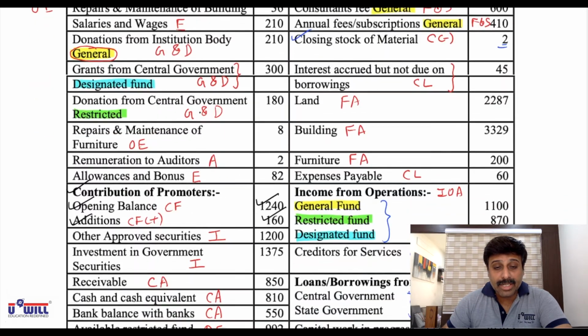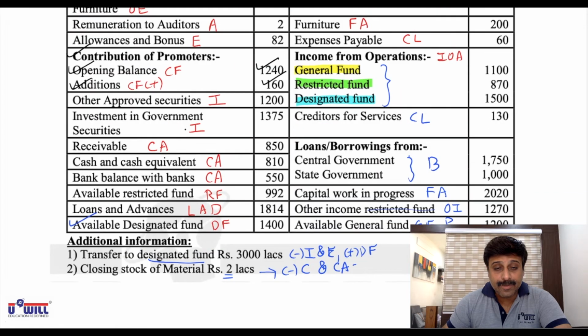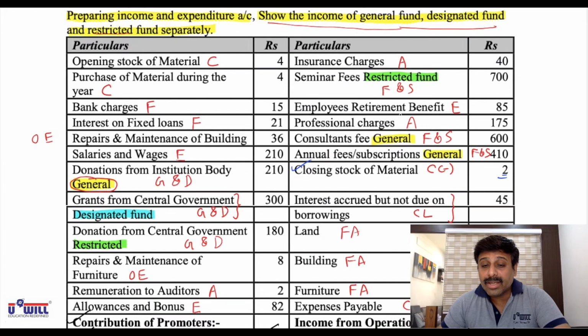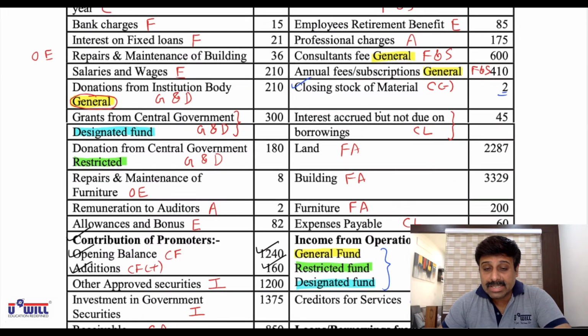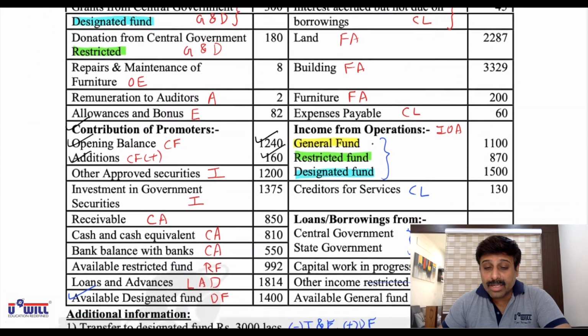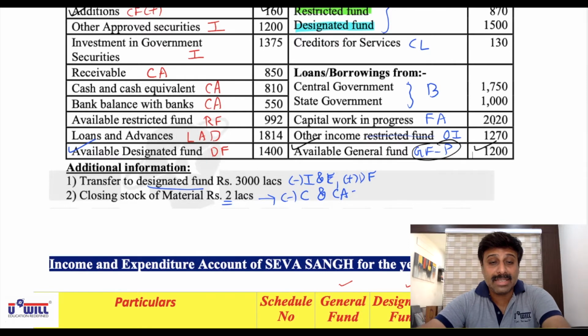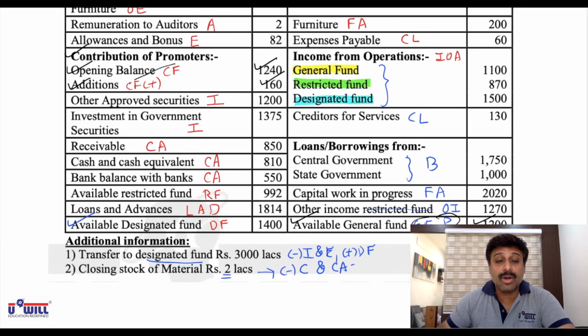General fund is not given to you in the question. Last item. Okay. Available general fund, GFP 1200. Okay, opening balance is 1200. These two are already recorded.